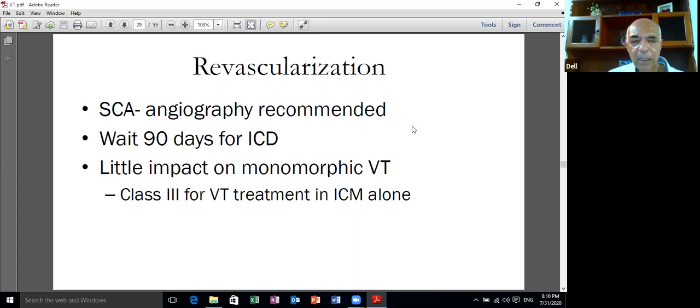So it's a class 3 recommendation to think that VT treatment by revascularization for ischemic cardiomyopathy is satisfactory enough. So we revascularize these patients, but don't expect that this will cure the large majority of patients with monomorphic ventricular tachycardia. That's a completely different situation from polymorphic ventricular tachycardia, where I indicated that ischemia is the primary underlying etiology.